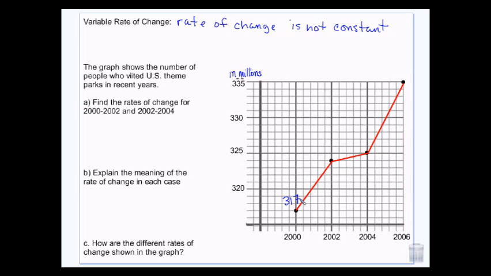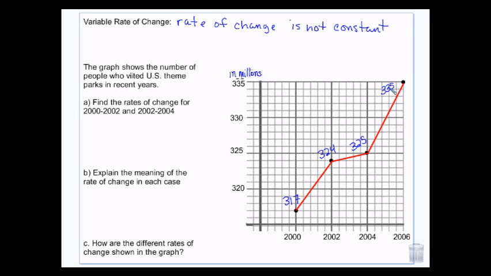In 2002, I have 20, 21, 22, 23, 24. 324 million people went to the amusement parks. In 2004, it went up to 325 million people visiting theme parks. And in 2006, it's up here at 335 million.